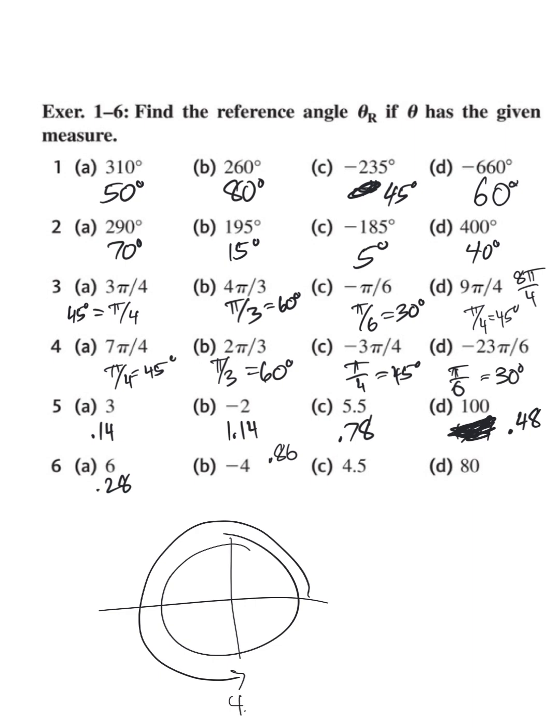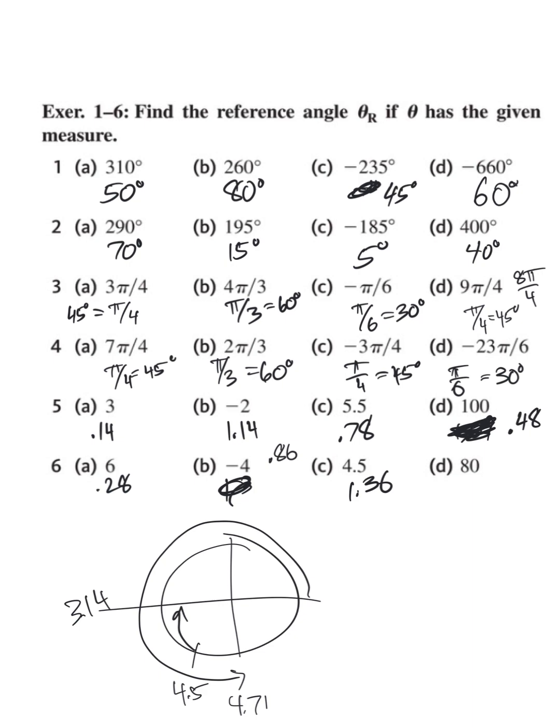This is 4.71 here. So 4.5 is about right there. So what does it take to get back to the x-axis? 4.5 minus the 3.14. That's 1.36. 1.36 is that reference.